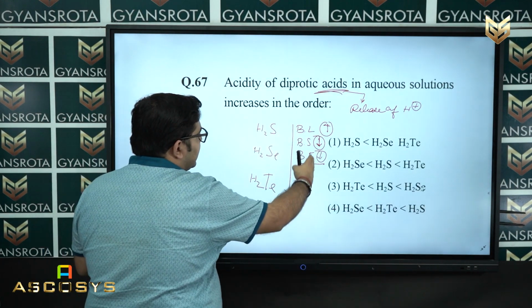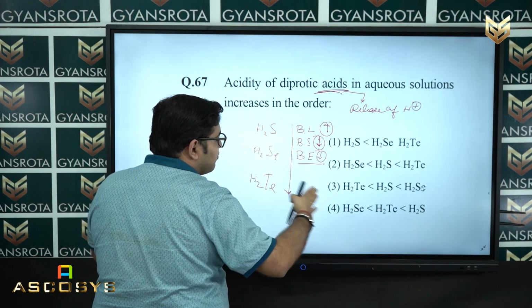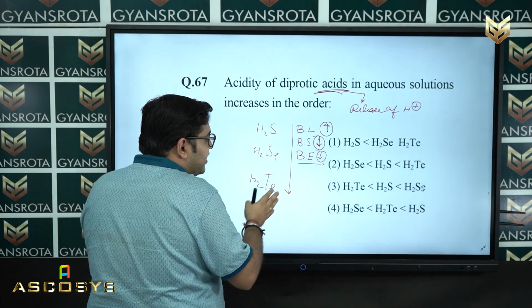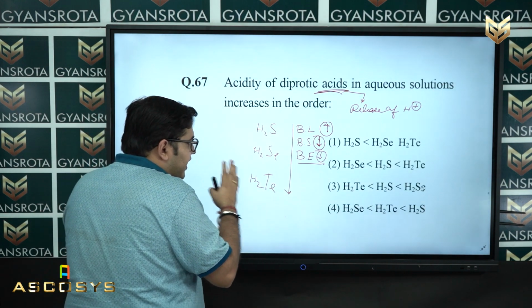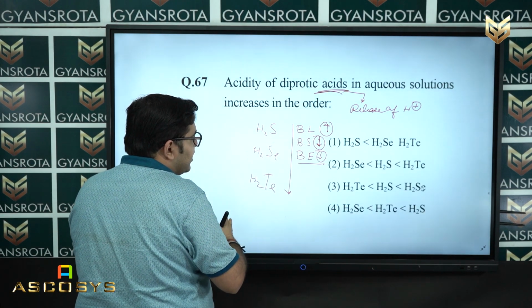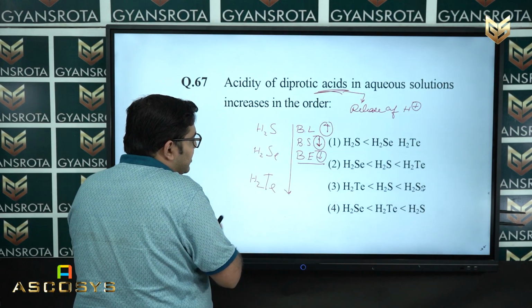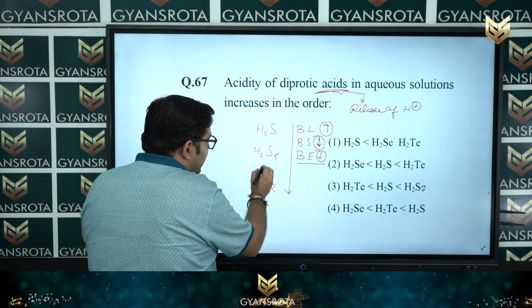Now, if you see here, down the group bond length increases, the bond strength decreases, and we require the least amount of energy to break this bond, that is the bond between hydrogen and that element. So, we require the least energy. If it is the least energy, then that hydrogen will be easily released.